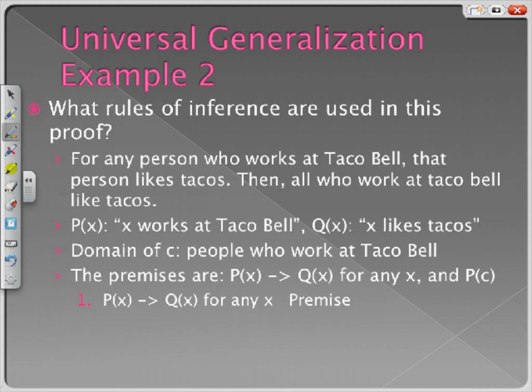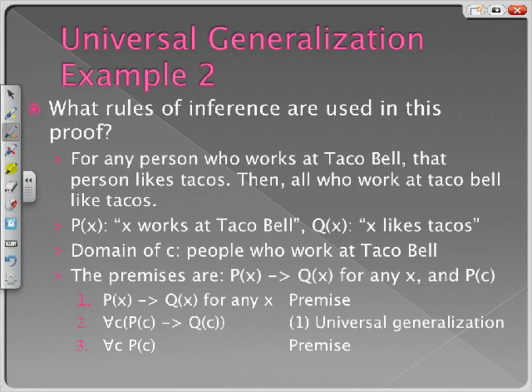Starting out, we'll use our first premise, if P of x, then Q of x for any x. Then we can use universal generalization and say that for all c, so long as they're in the domain of x, if P of c, then Q of c.